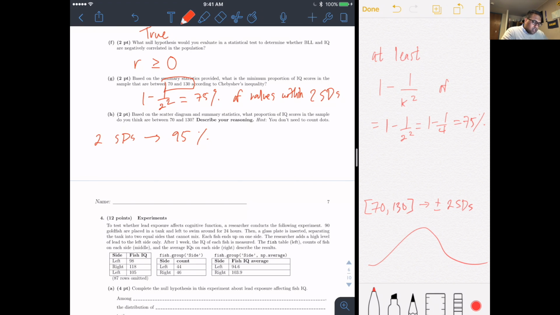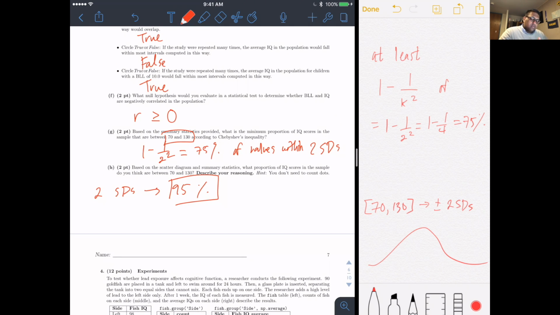So we would estimate that 95% of the IQ scores are between 70 and 130. And so those are 2 different ways to approximate the number of IQ scores in those ranges. And that wraps up number 3.